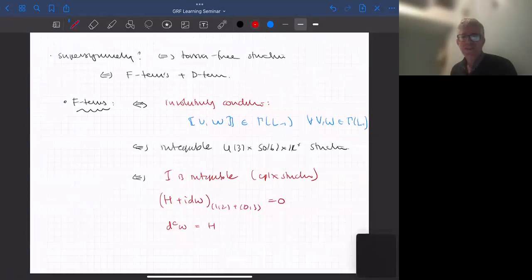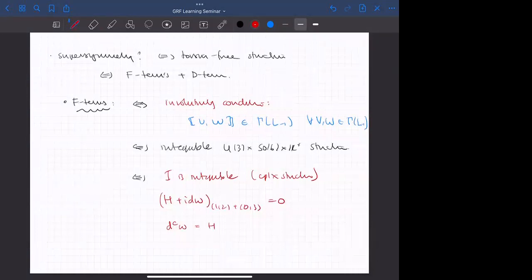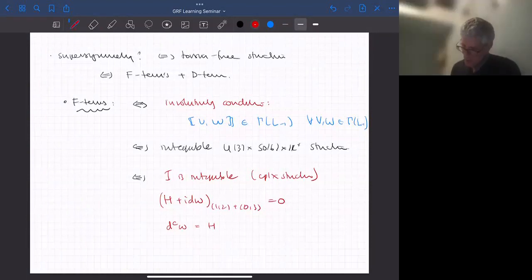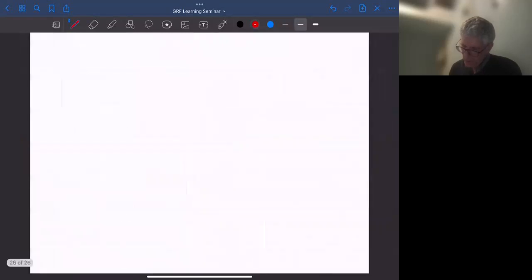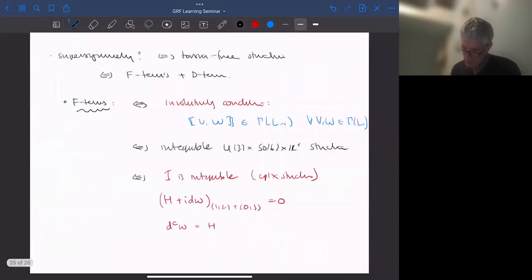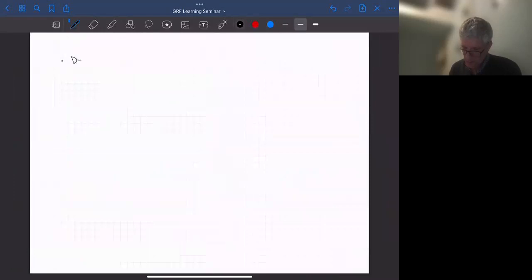Is that right? Yeah, that's right. So that's part of what goes on. And then one needs to look at the D terms. And they should come from some moment map.